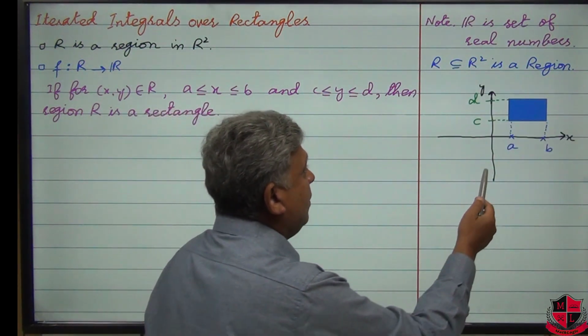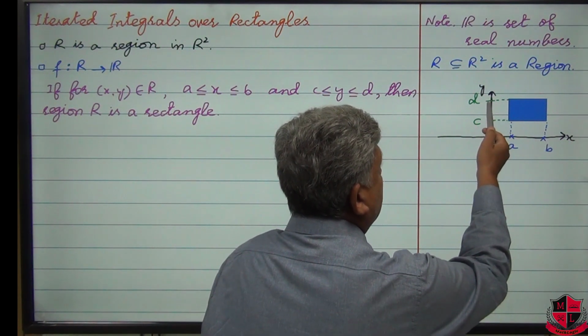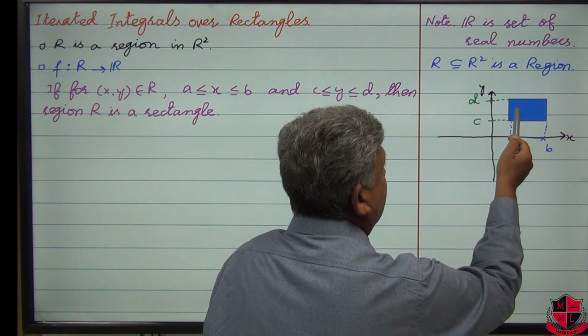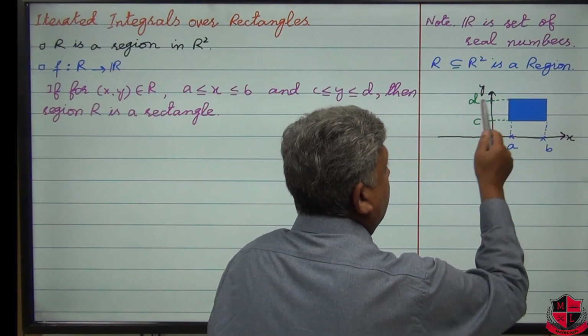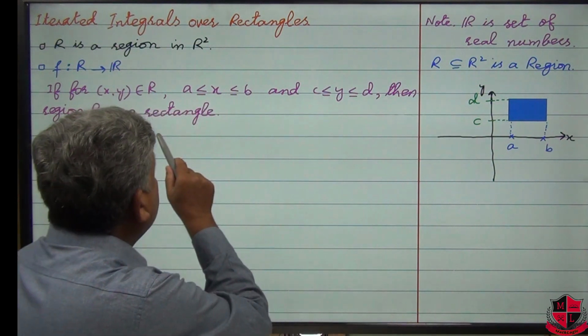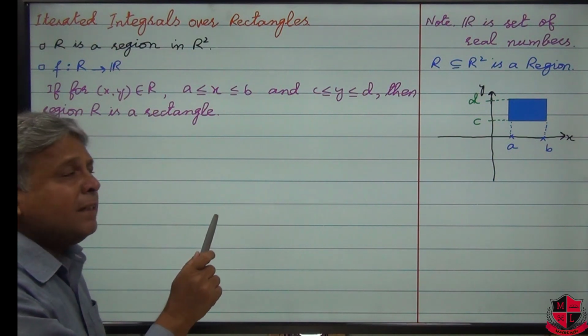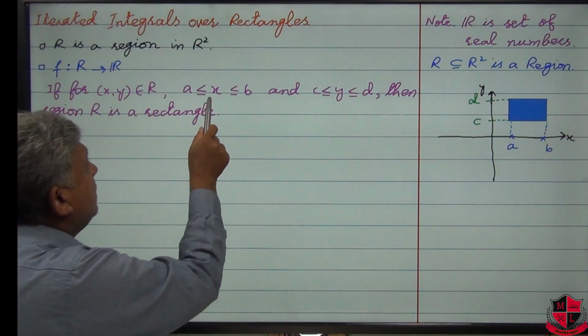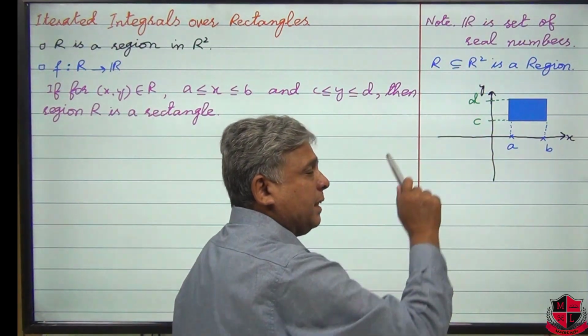If we have values of x between a and b and values of y between c and d, then the ordered pairs xy will be part of this rectangle. Whenever we take a region R such that each point in R satisfies these two conditions, then the region R is a rectangle.